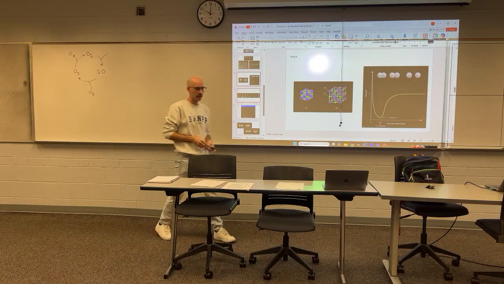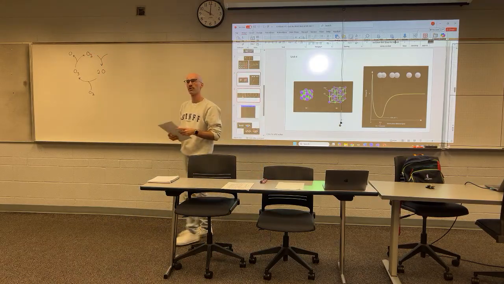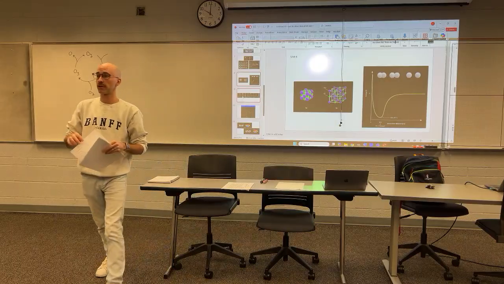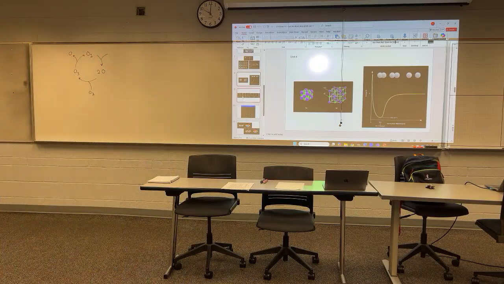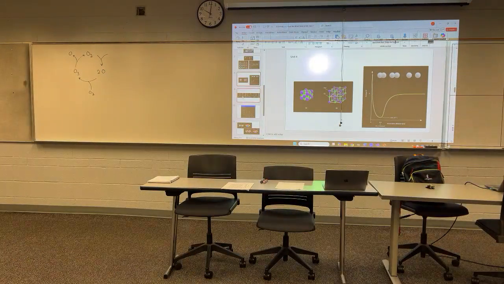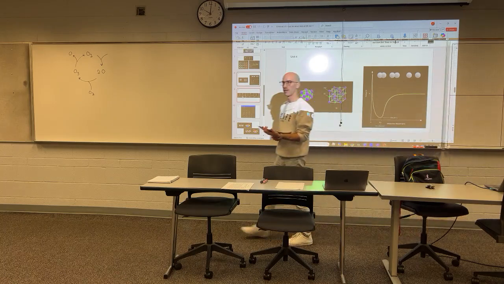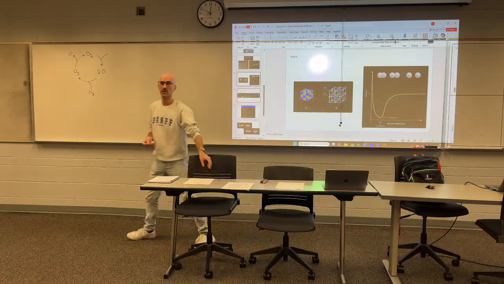So I want you guys to look at this reaction and decide where you think energy is required and where you think energy is given off. Thinking about how energy is required and how energy is given off during bond formation and bond breaking. What parts of the ozone cycle do you think absorb energy and which parts release energy?